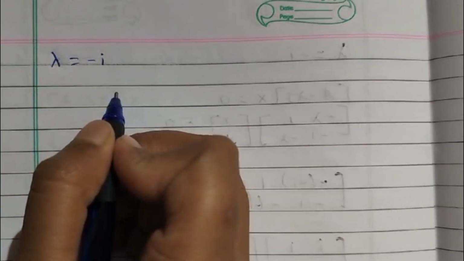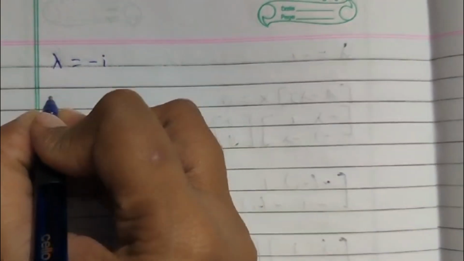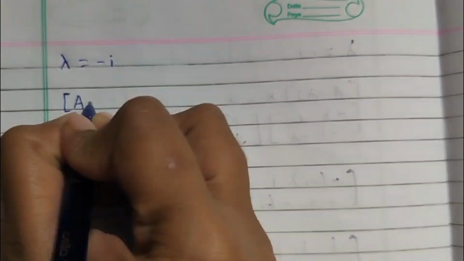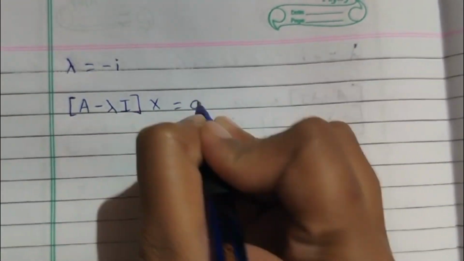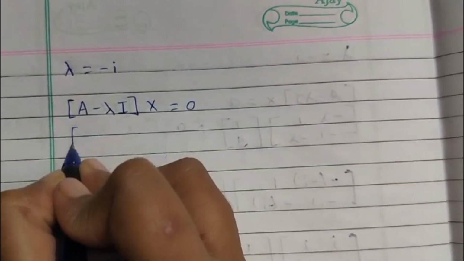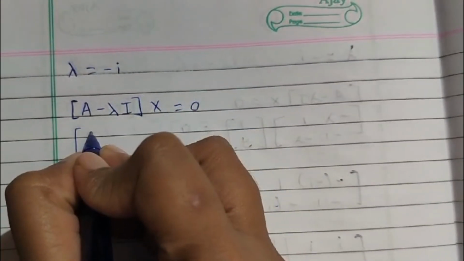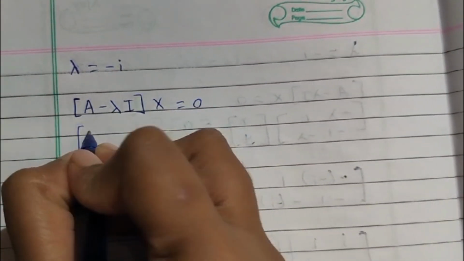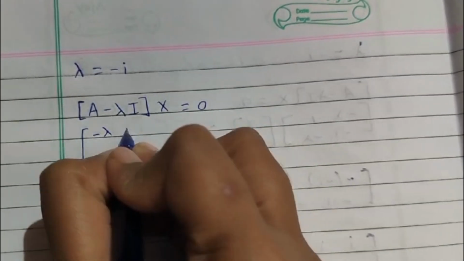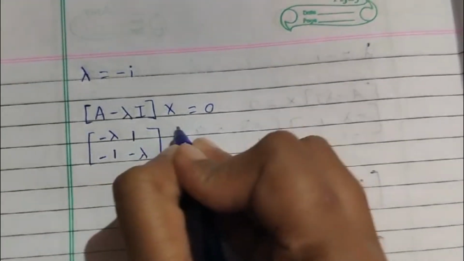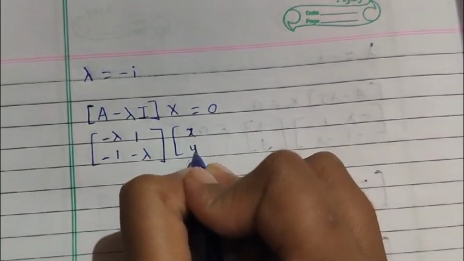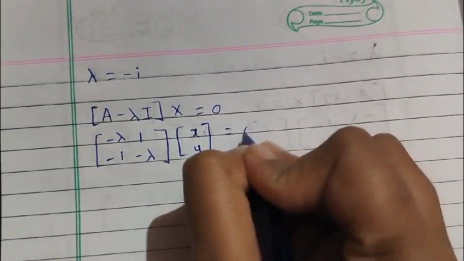To find the eigenvector, (A minus lambda I) into X is equal to 0. We know that A minus lambda I is the matrix minus lambda, 1, minus 1, minus lambda, into x y, which is equal to 0.